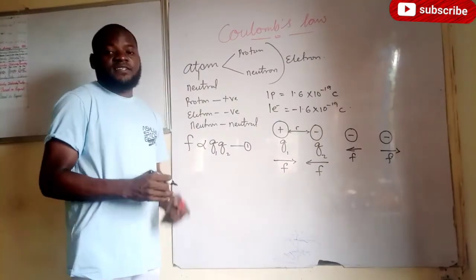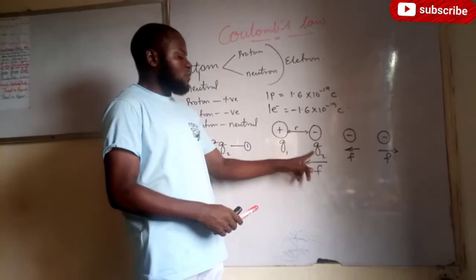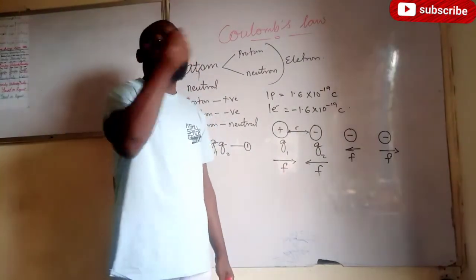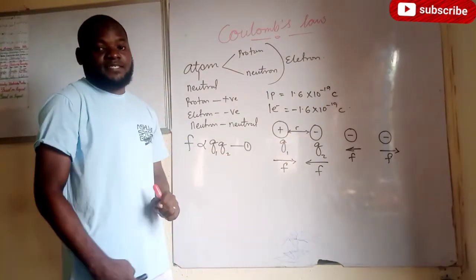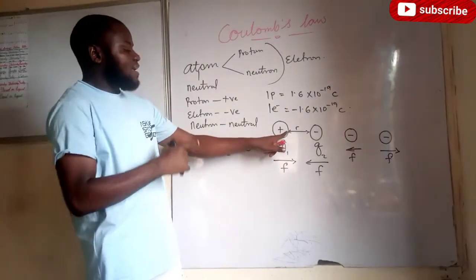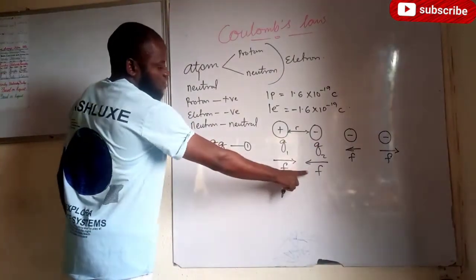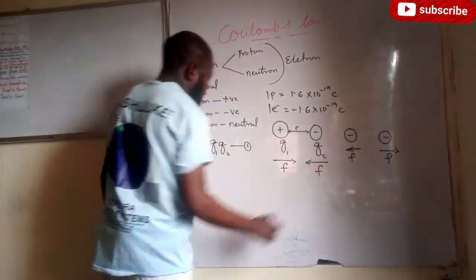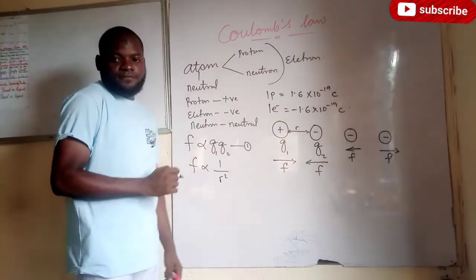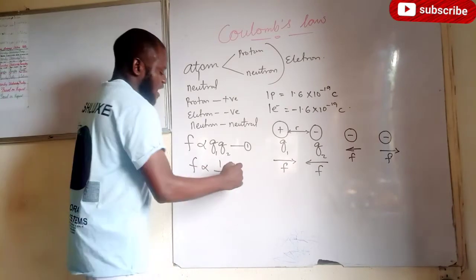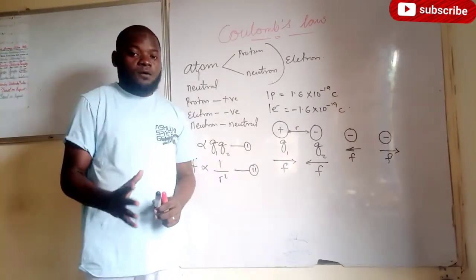Then the law continues and says that the same force is also inversely proportional to the square of their distance apart. That is the distance between Q1 and Q2, which is r. This force of attraction or repulsion is inversely proportional to the square of it. Are we together now? And this gives us the second statement of that particular law.